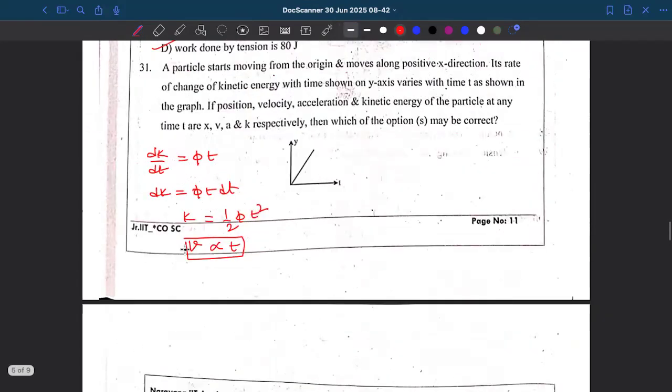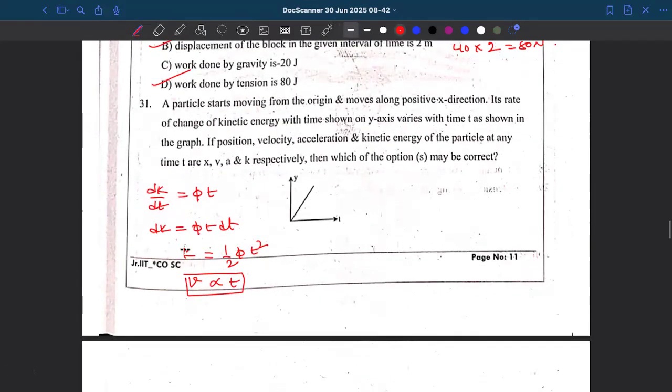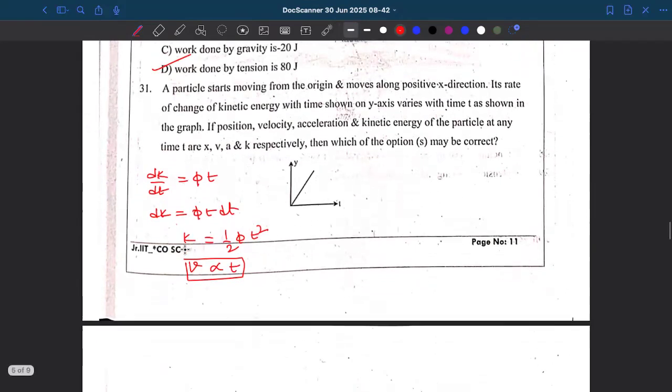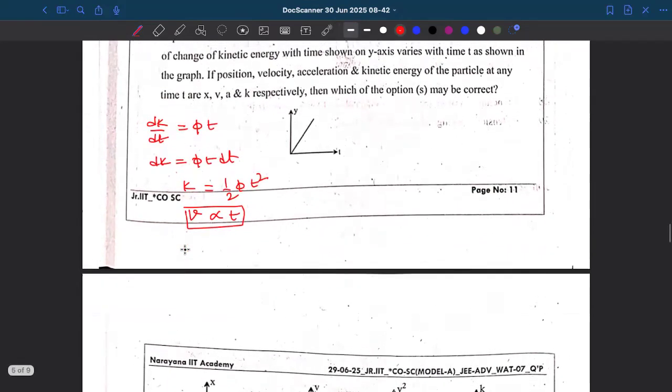But what are they asking? Position, velocity, acceleration and kinetic energy of the particle, x, v, a, K. V proportional to t means dv by dt, the acceleration, is constant.